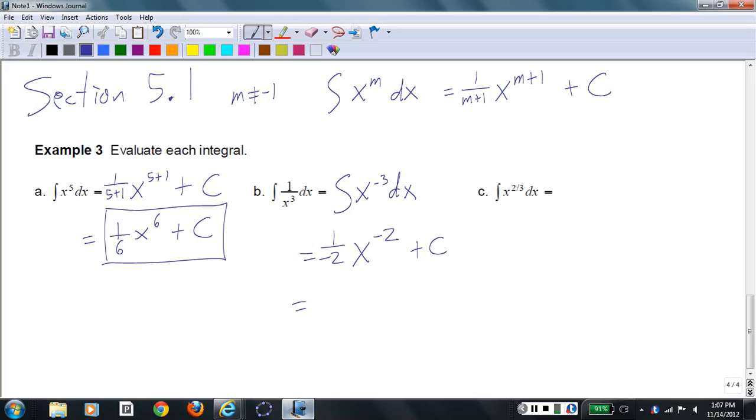But when we have the x to the -2, that's going to shove that down in the denominator. I can include an extra step. You probably don't need to write this extra step. -1/2 times 1 over x squared plus c, and then multiply those fractions together to get -1 over 2x squared plus c.